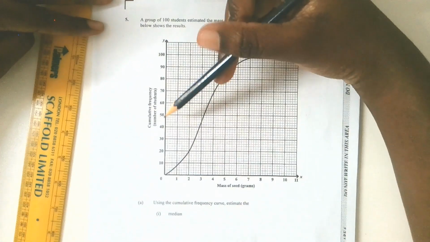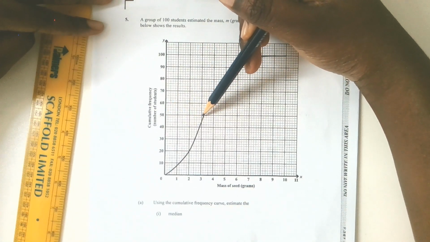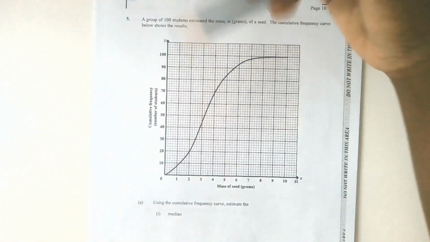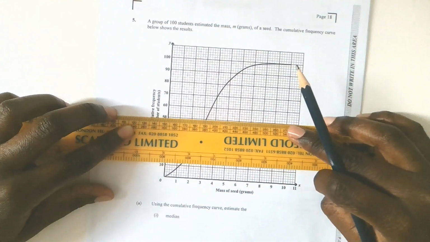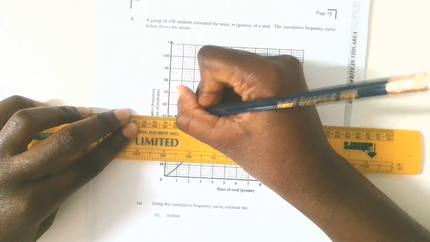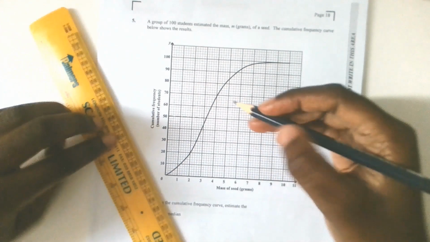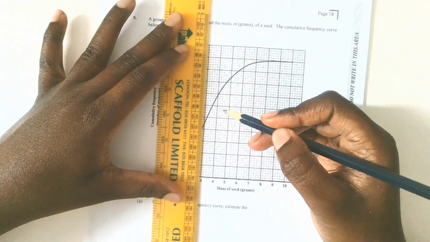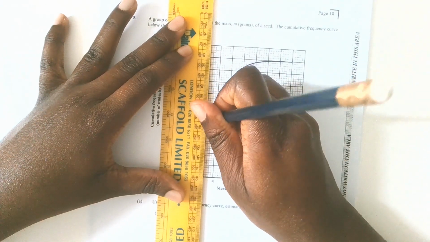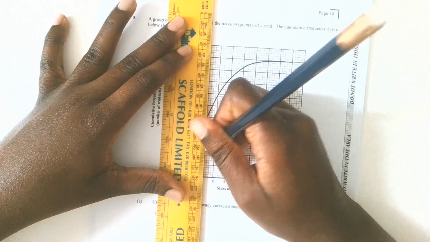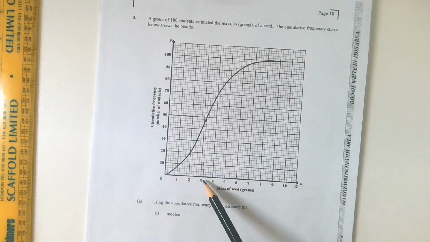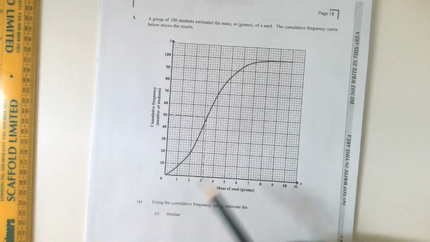So we need to draw a line from 50 touching our curve, and then from that point plot a line straight down to find the mass of the seed. We plot our line across and then draw a line down, touching the x-axis here.